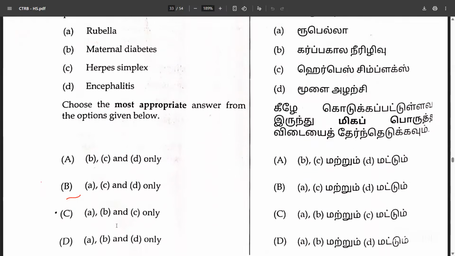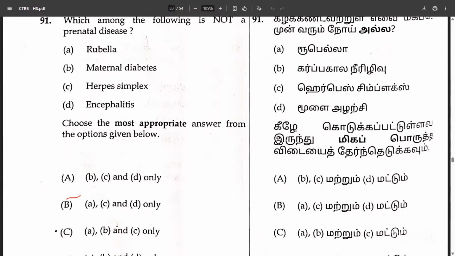Wait a minute, you'll eliminate encephalitis and you'll get your right answer, that is A, B, C. When we talk about encephalitis, it is inflammation of the brain, often because of a viral disease.